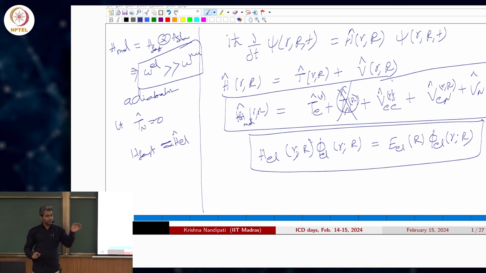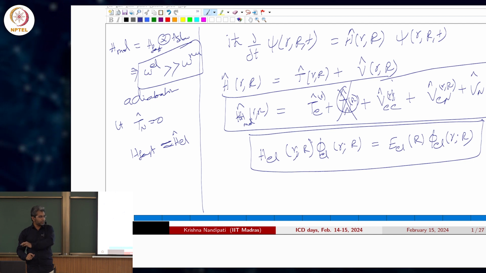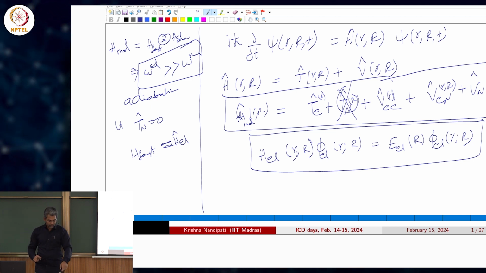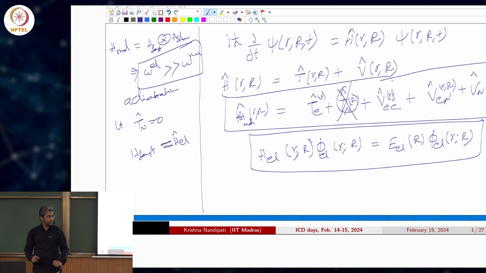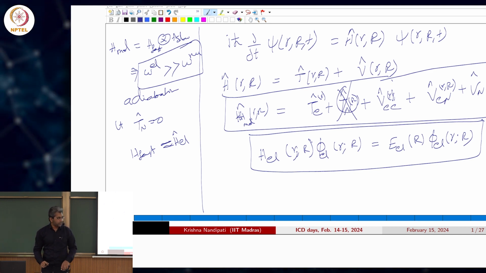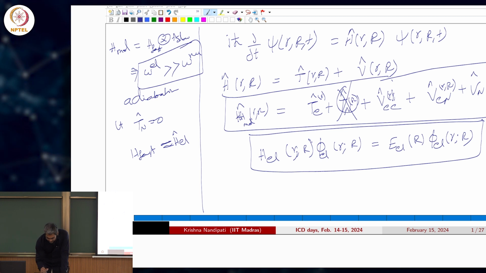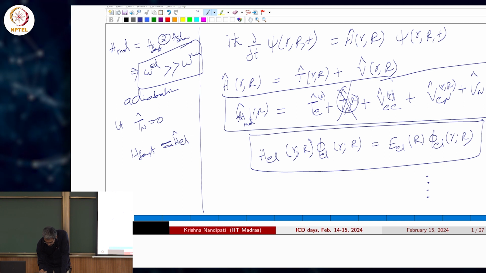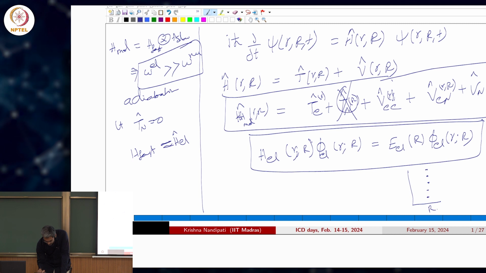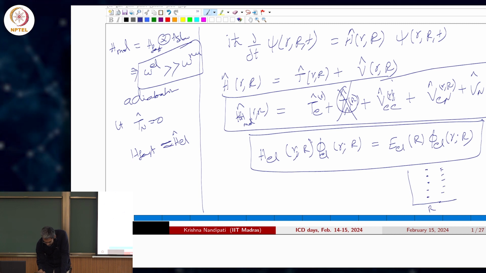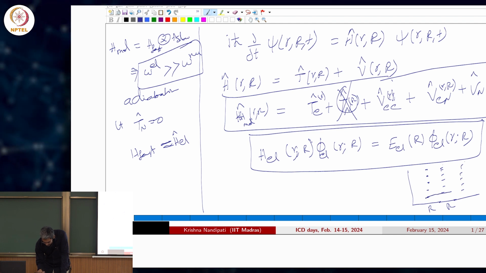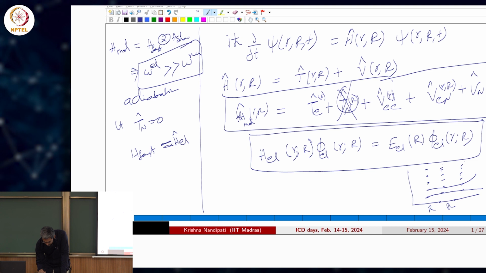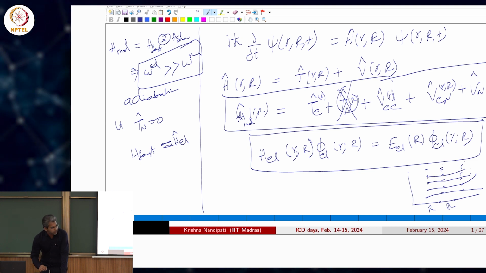Keeping the order and connecting them, you get adiabatic potential energy surfaces, because omega electronic is much greater than omega nuclear, and we are setting T_n equal to 0. Suppose you do the electronic structure calculation for some molecule: you get energies as points at this R, and at some other R you get another set of energy levels. If you keep this order and connect these points, you get the so-called adiabatic potential energy surfaces.